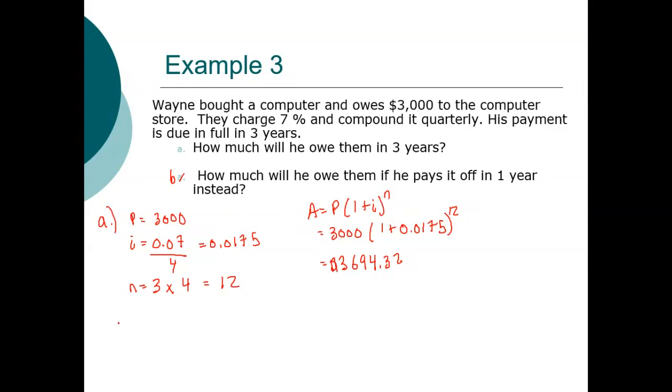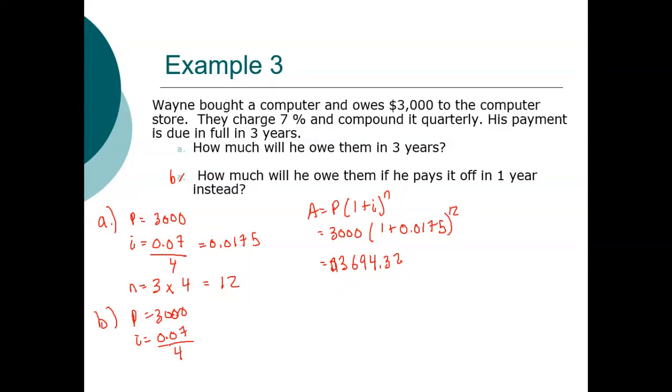So that's question A. For question B, it says how much will he owe them if he just pays them off in 1 year? So will my I change and will my N change? My P definitely stays the same. My I was 7% and it's still compounded quarterly.